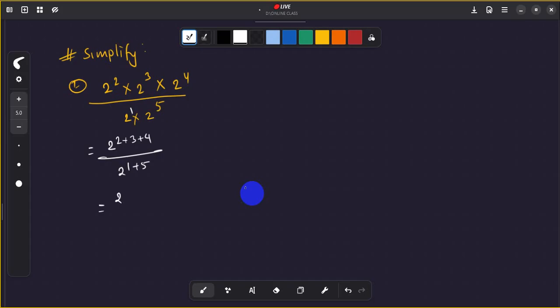Now let's add this. 2 plus 3 becomes 5, 5 plus 4 becomes 9, divided by 2 to the power 1 plus 5, which becomes 2 to the power 3. Now which law can we apply here? Can anyone say? What can we do now for 2 power 9 over 2 power 3? What can we write?